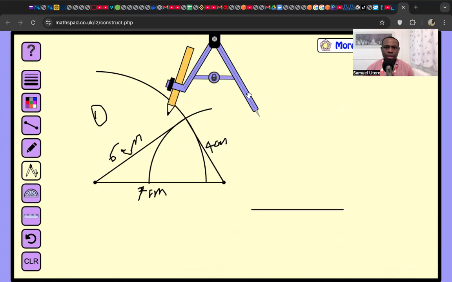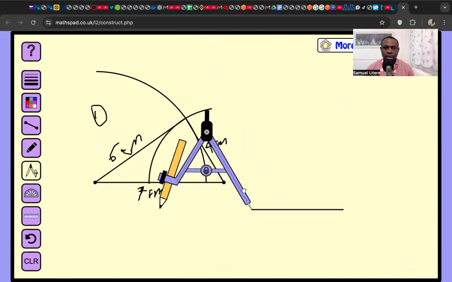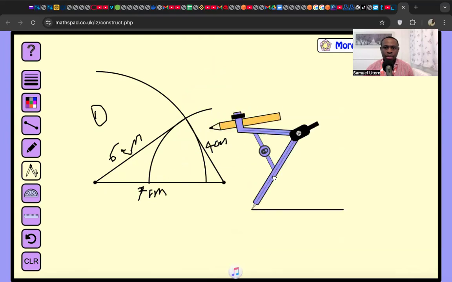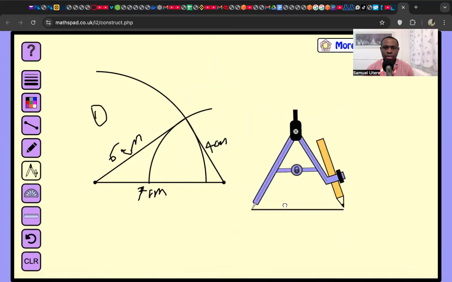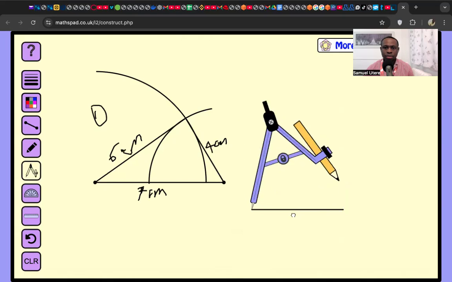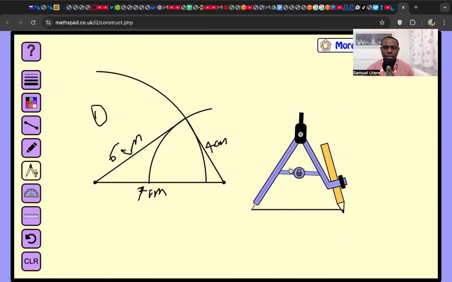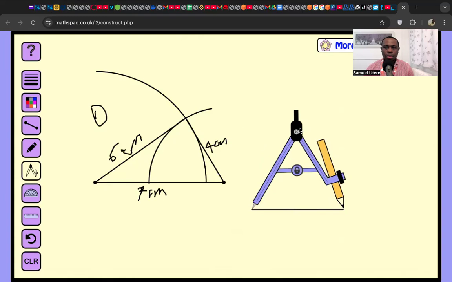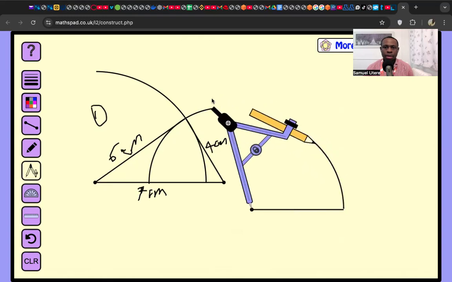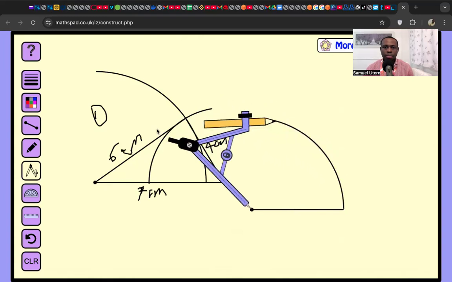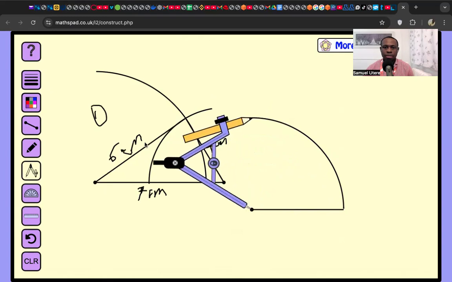We only need the compass. We put it there. Let's move it to make sure it's in the right orientation. We draw our arc. Remember, the compass has been opened to 5 centimeter, and you can see it's exactly the length of the 5 centimeter line.